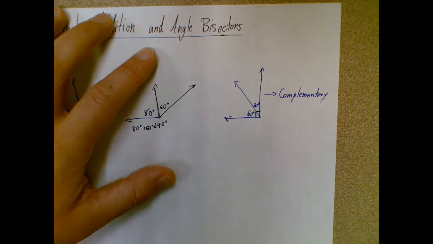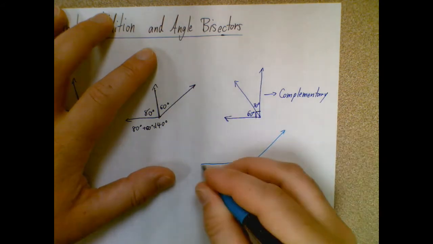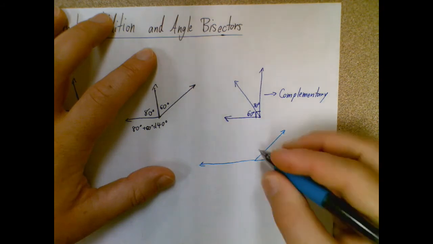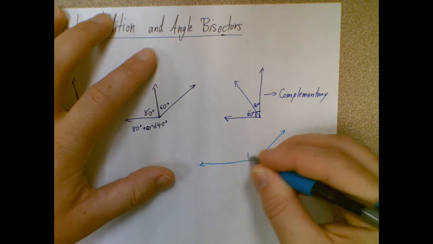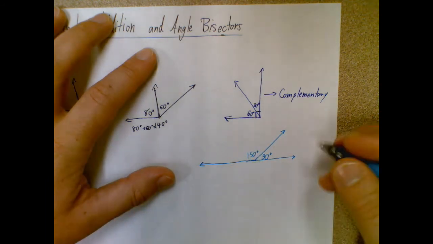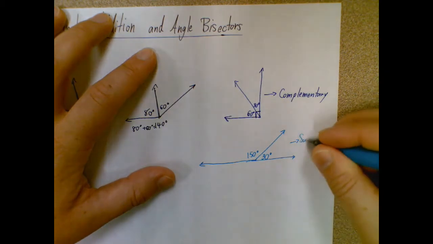Our other special case is what happens if we have angles like this one and this one. Let's call this 30 degrees again, and this one 150. They add up to a straight line, which is 180 degrees. These are known as supplementary angles.